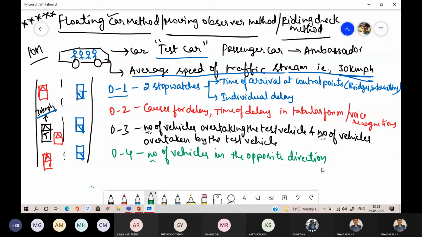Can anybody tell what you mean by overtaking and overtaken? As you all know, you will be riding your vehicles, whether two-wheeler or four-wheeler, so you will be knowing overtaking and overtaken. You can unmute yourself and answer.